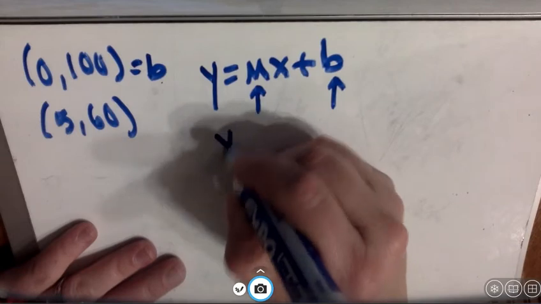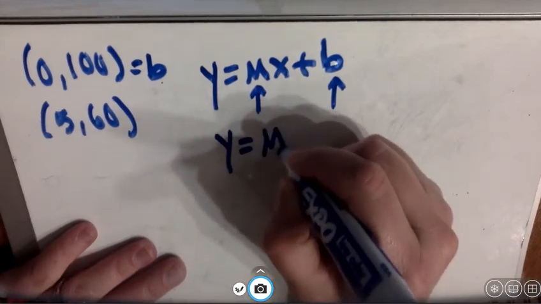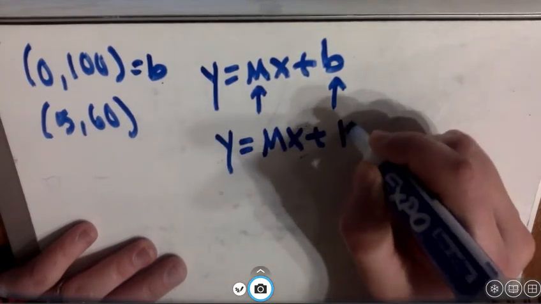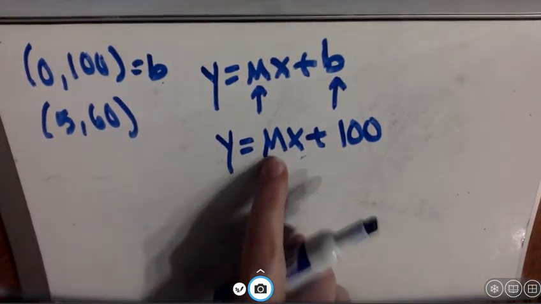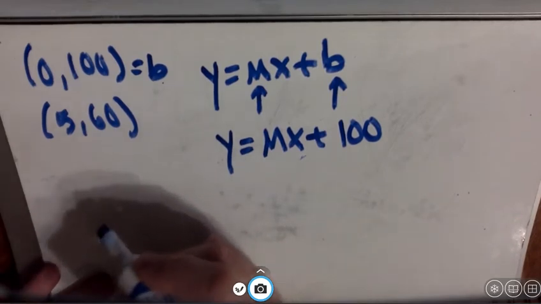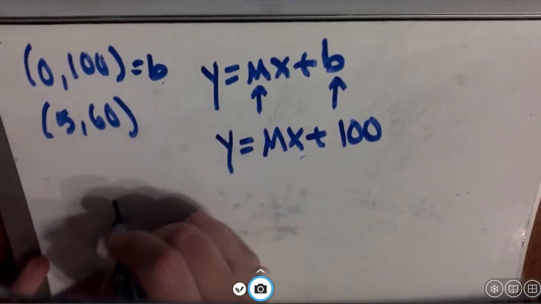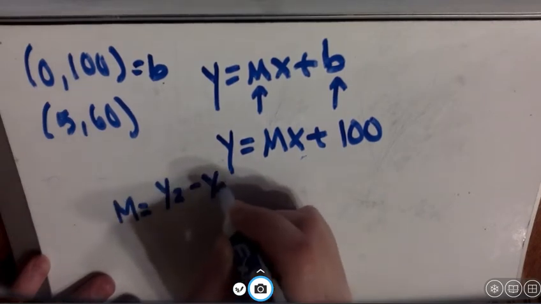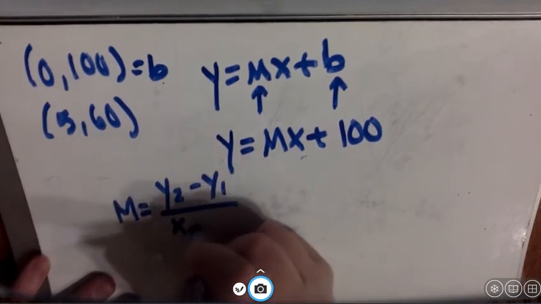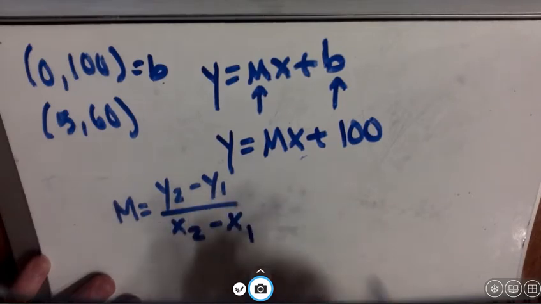So right away I can say y equals mx plus 100. I can already replace that b value. Now I just need to figure out what this m is. Now the equation for finding slope is y sub 2 minus y sub 1 over x sub 2 minus x sub 1.